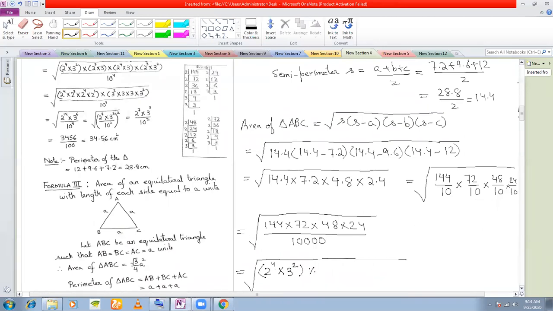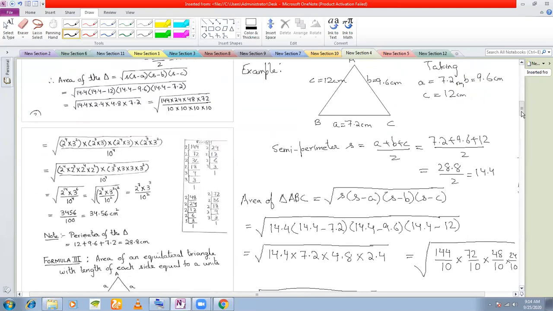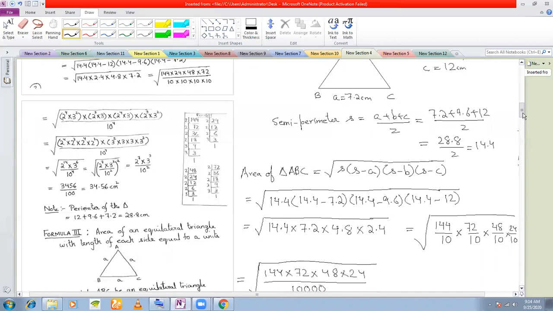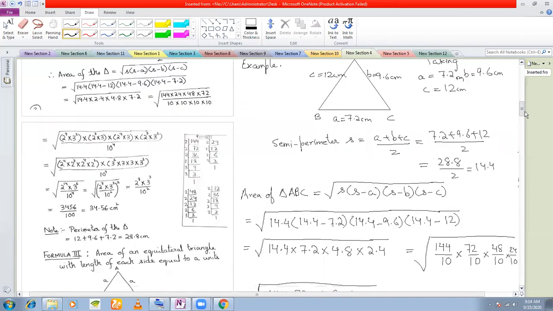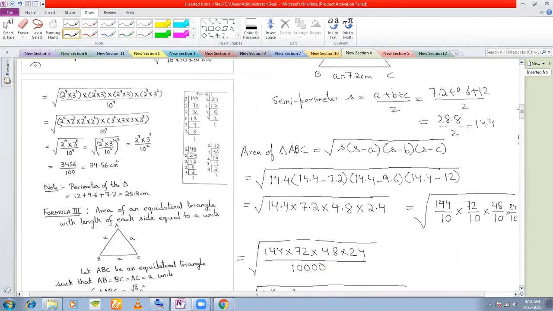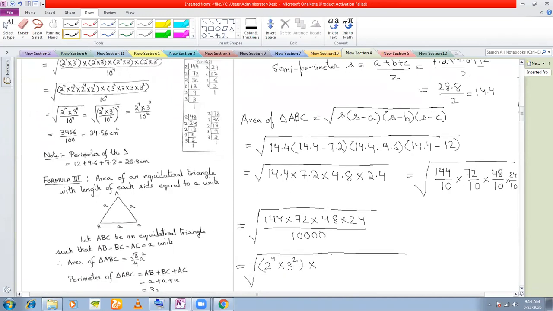Next is 72. 72 can be prime factorized as 2 cube into 3 square. 48 can be prime factorized as 2 to the power of 4 into 3.